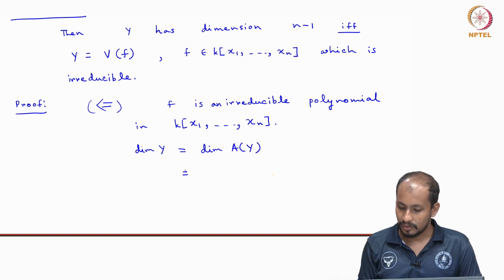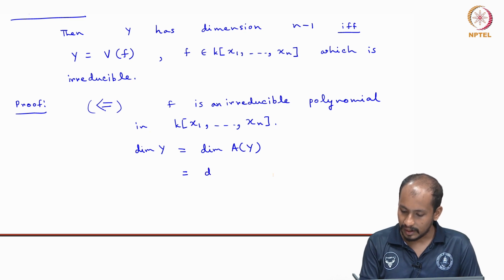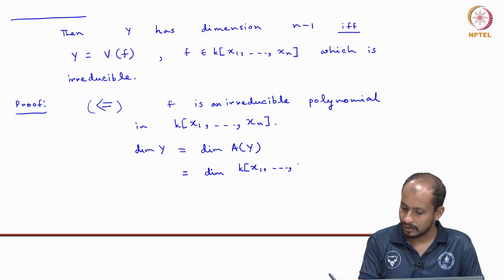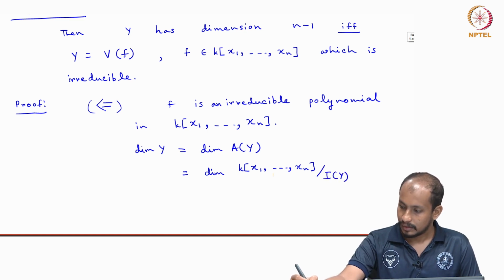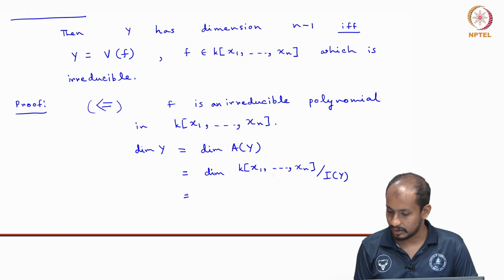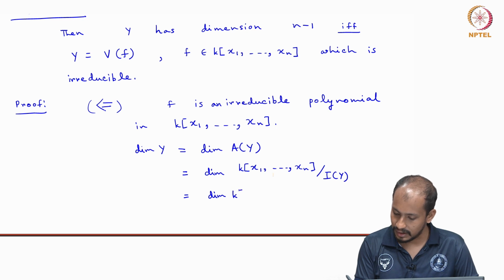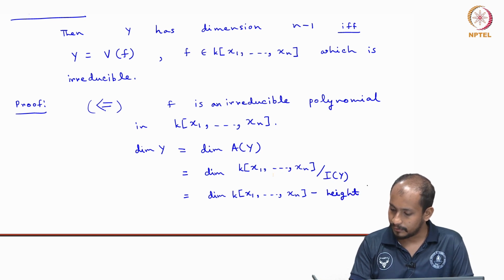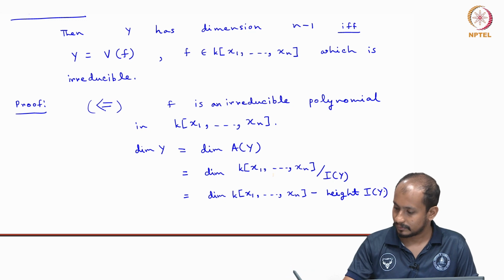Now the dimension of A(Y) is the dimension of k[x1, up to xn] modulo I(Y). In the last tutorial I stated a result on dimension theory. From there we can see that this is the dimension of k[x1, up to xn] minus the height of I(Y).